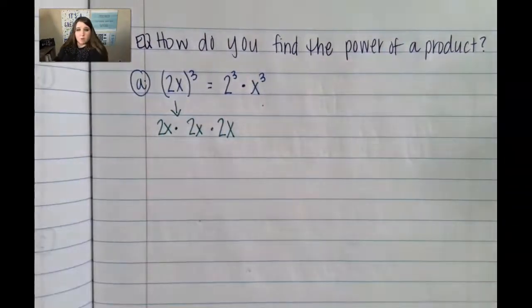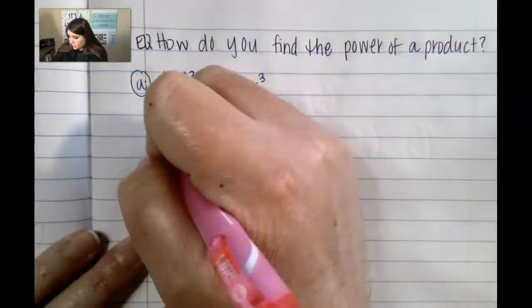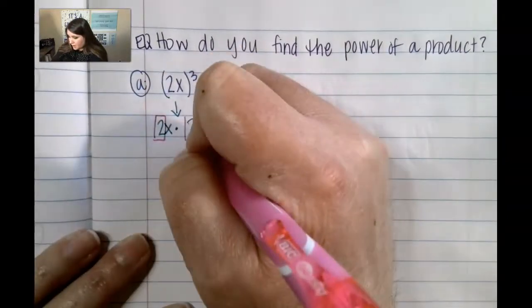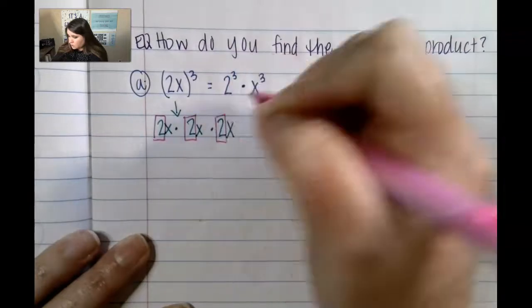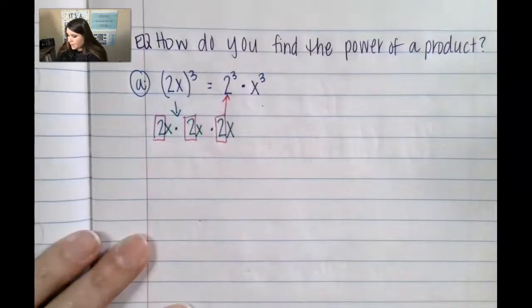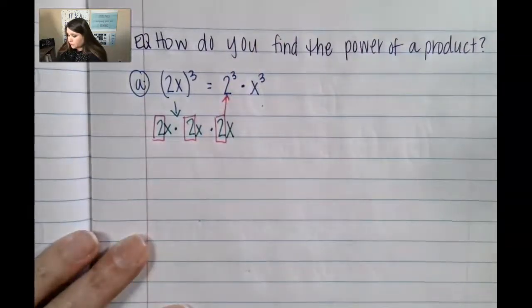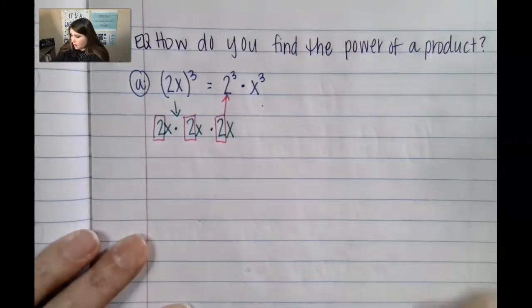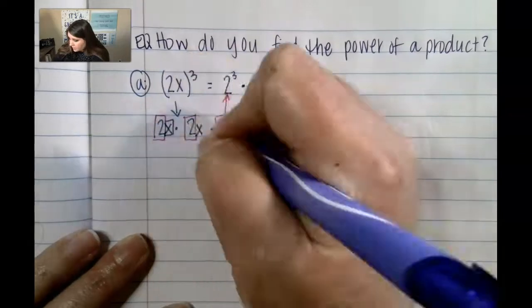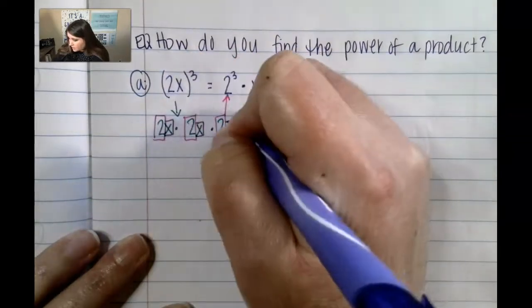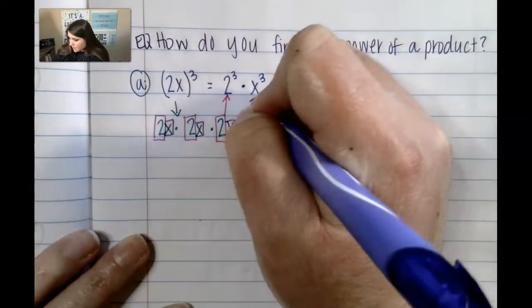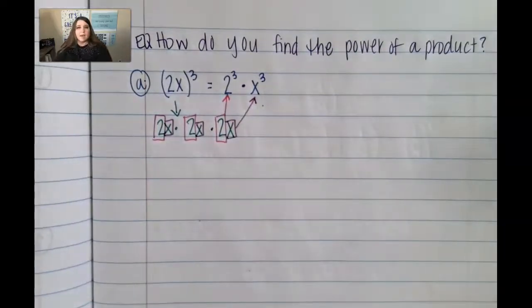When we figure out what our exponents are for each thing, we have a 2, a 2, and a 2. That is how you get 2 to the third. And if we look at our x's, here's an x, here's an x, and here's an x. There's 3 x's. So that's how we get x to the third.